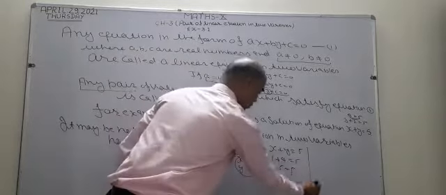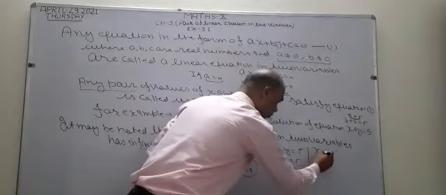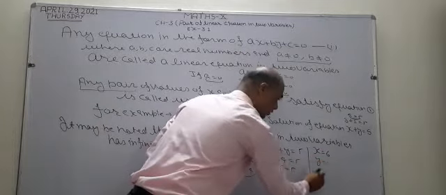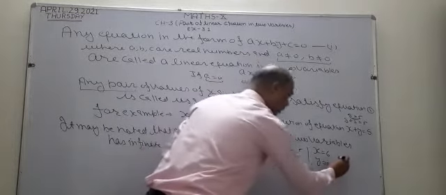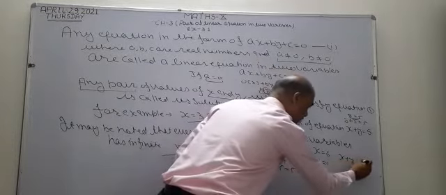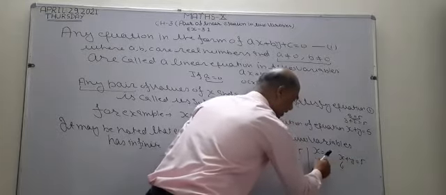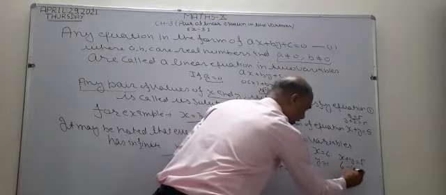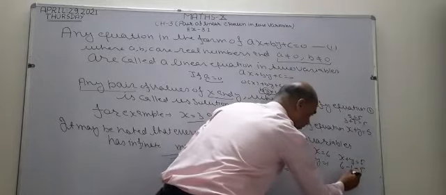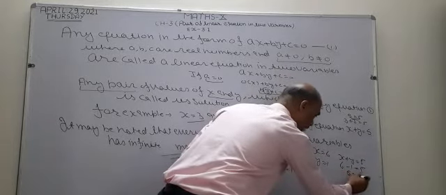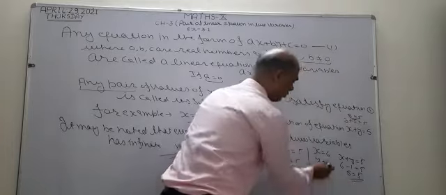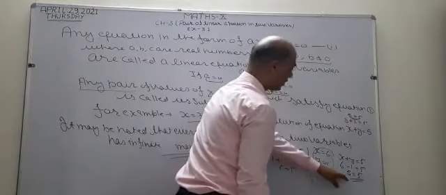Now see one more example. I take x equal to 6 and y equal to minus 1. Instead of x I write 6 and instead of y I write minus 1. 6 minus 1 equal to 5. These two values also satisfy the given equation.